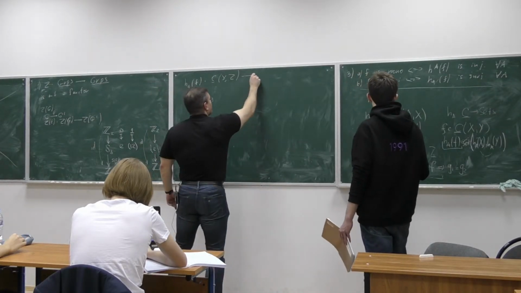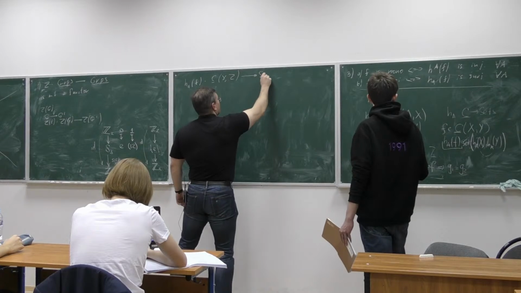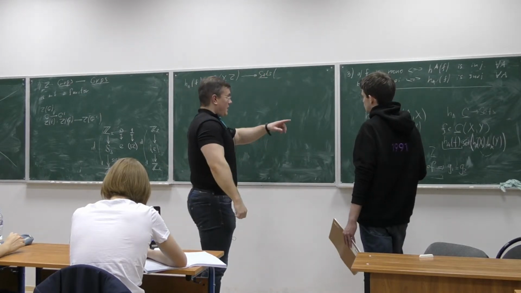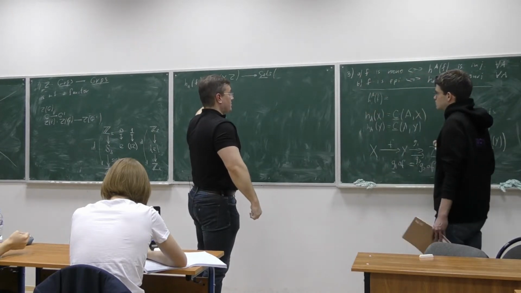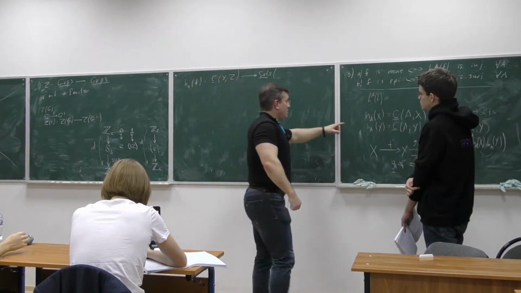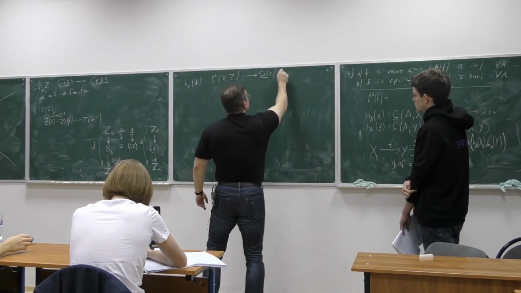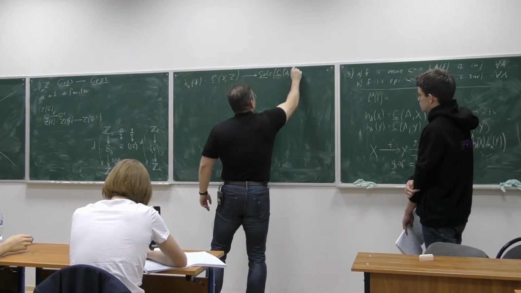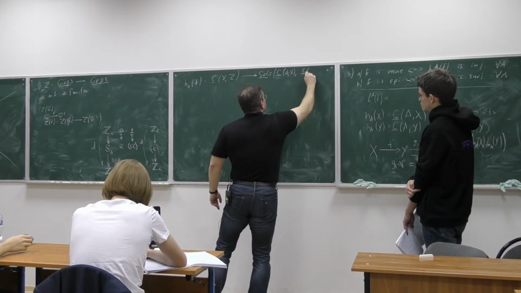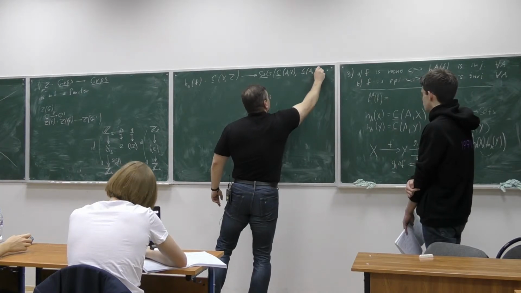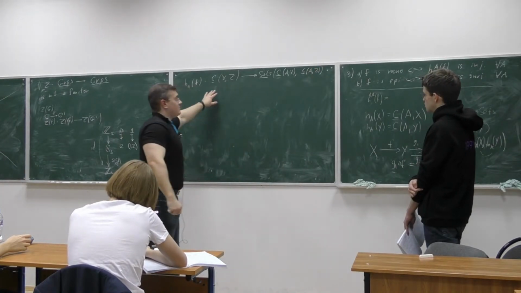So this will be a map of sets. Here I'm supposed to apply HA of Y, but HA of Y is just maps in C from A to Y. And this is C, A again, and Z. I'm just explicitly writing the same formula.